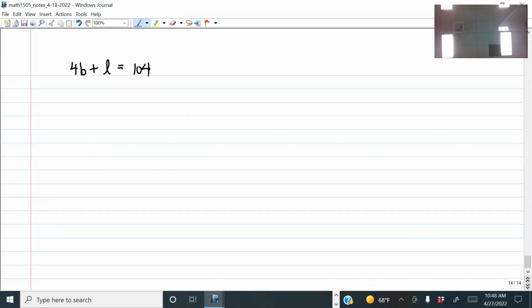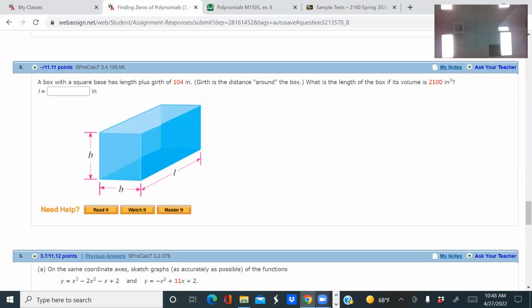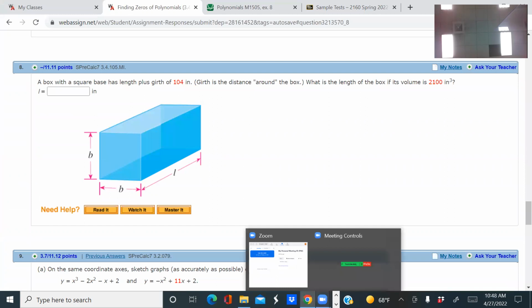So we get this equation, which has these 2 unknowns in it, but we need another equation, right? Because we've got only a single equation there. So the other equation has to do with the volume, right? And we were told, in the version of the problem that we're looking at there, that the volume was 2,100 cubic meters. But how would you calculate the volume of this box?